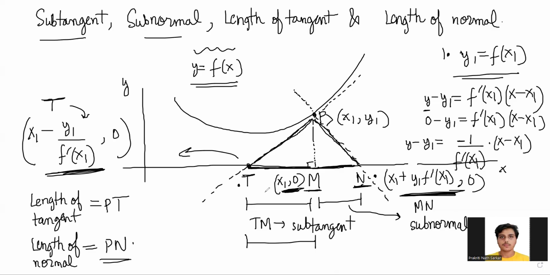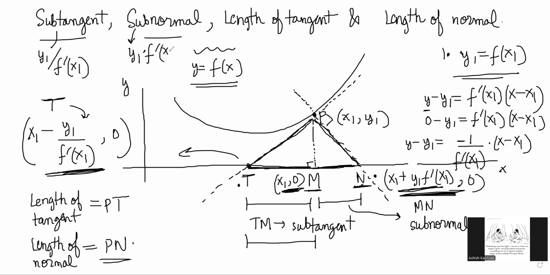Similarly, subnormal would be this coordinate minus x1. So it will be y1 into f dash x1. So what I'm getting is subtangent is y1 by f dash x1 and subnormal is y1 multiplied by f dash x1. You don't have to remember it, but you have to understand how we got it.